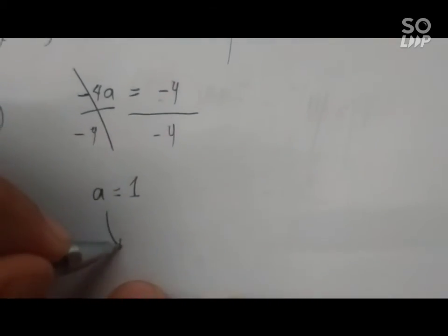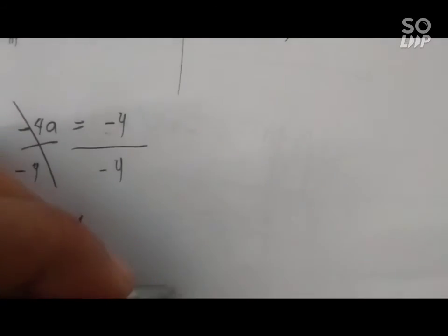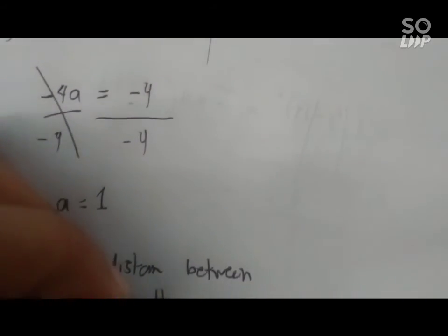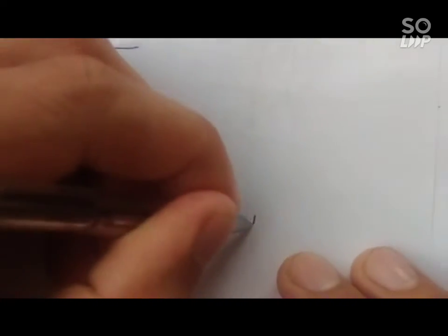Remember that a is the distance between the focus and the vertex, right?